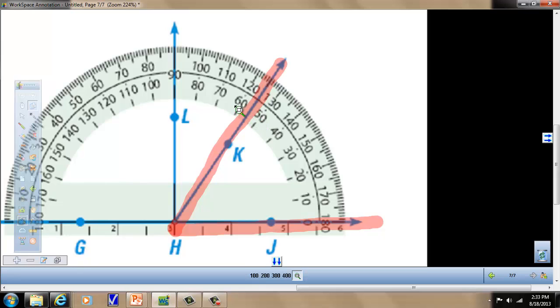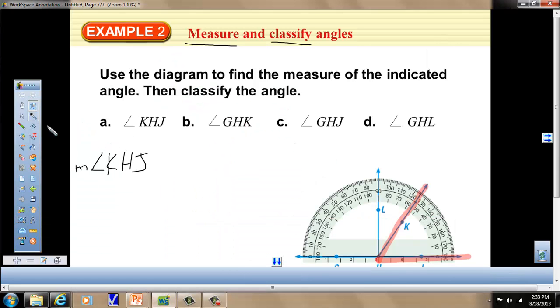It goes in between 50 and 60. And if we look, it's halfway in between in this case. If we count off 1, 2, 3, 4, 5, that is 55 degrees. So if we go back to where we were, we would say that the measure of angle KHJ is 55, or you could put 55 degrees. Either way is fine.